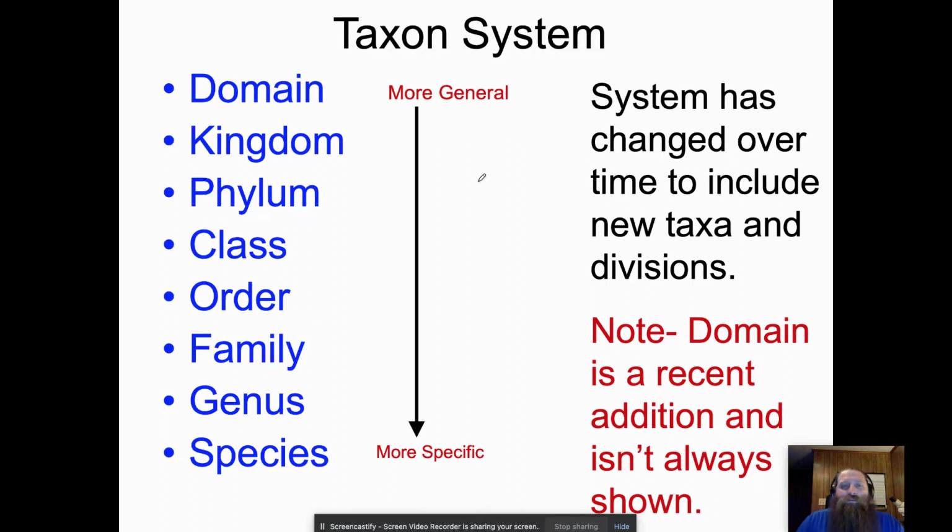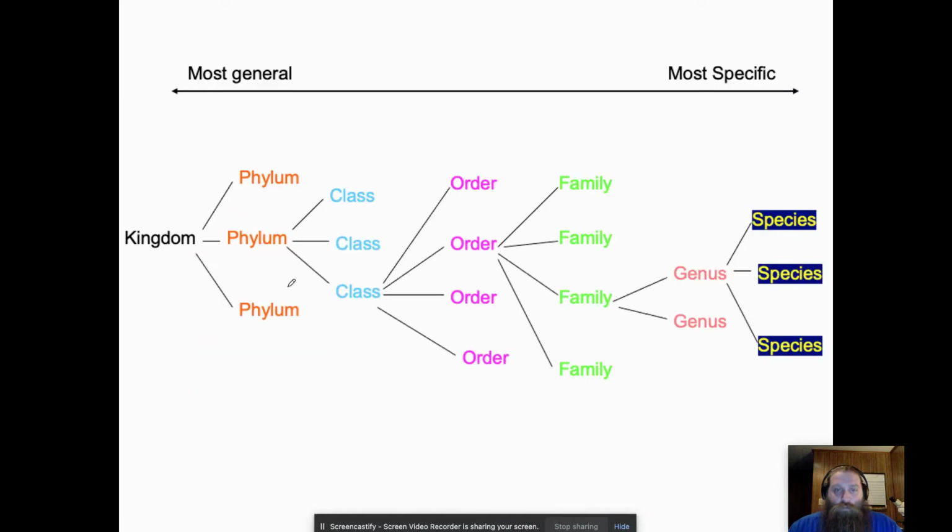Now, domain is the most general of the taxa, and species is the most specific. There's only one of each species, right? But there are many, many, many organisms underneath a domain. An easy way to remember this is Dear King Philip came over for great spaghetti. Okay, so domain, kingdom, phylum, class, order, family, genus, and species.